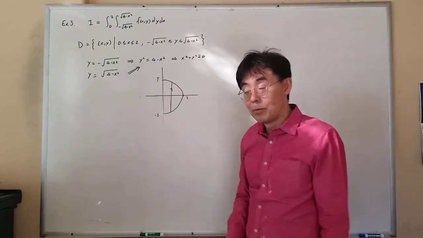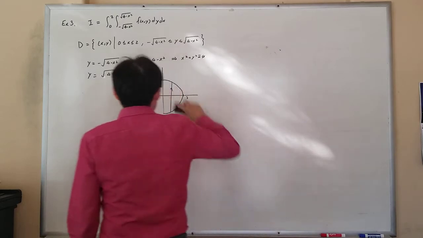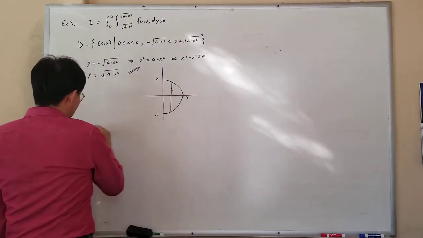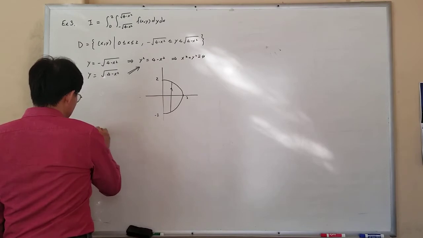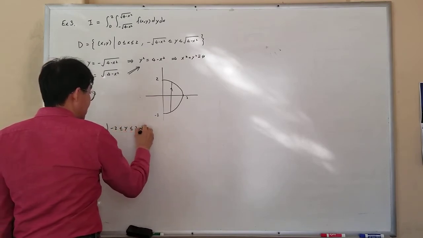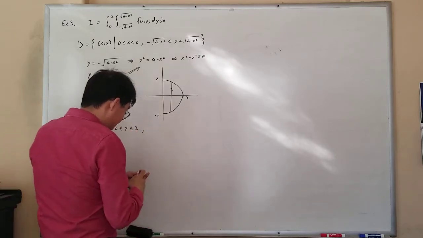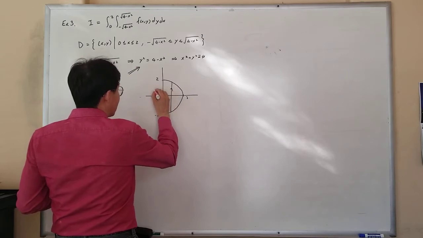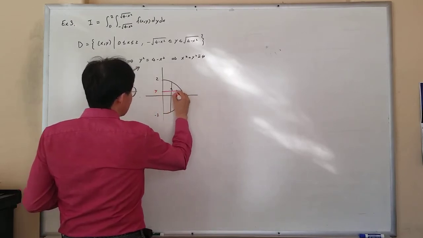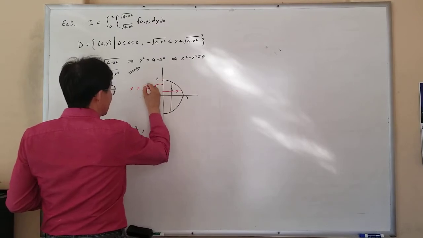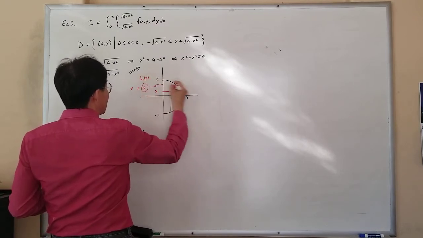Well, we can write this as type 2. What is it? Y runs from negative 2 to 2. Given y, we run it this way. This is x equals 0, this is h1 of y.